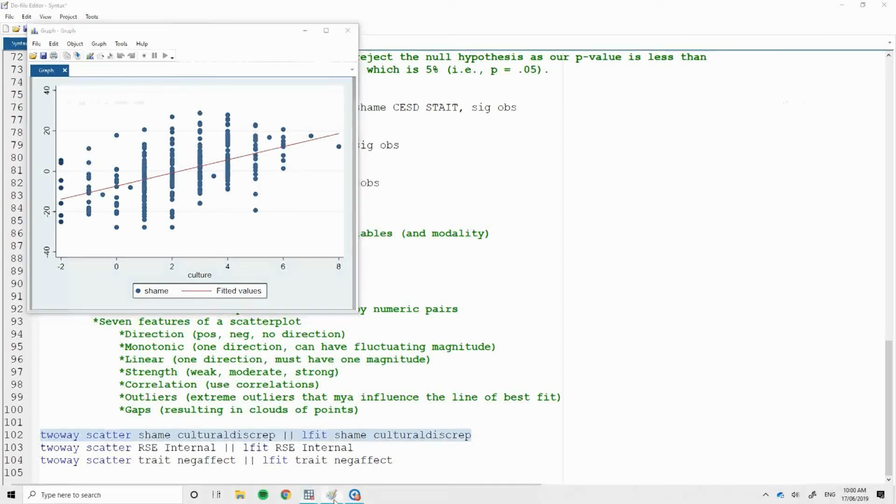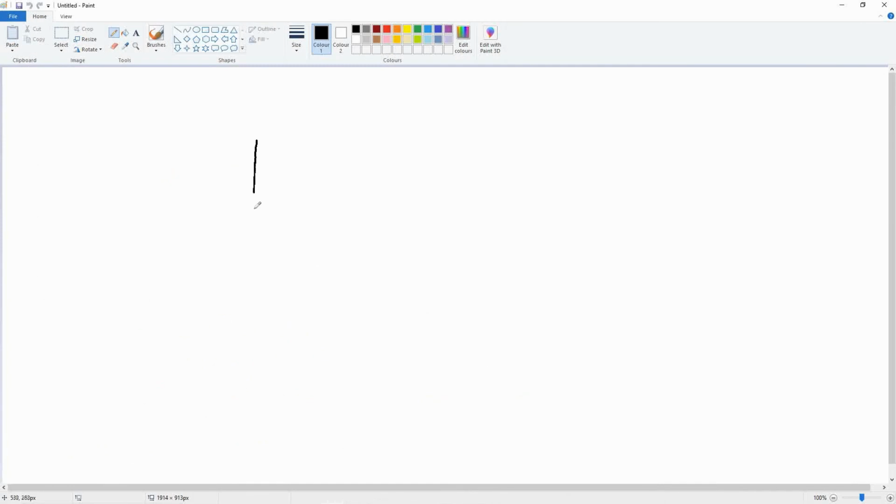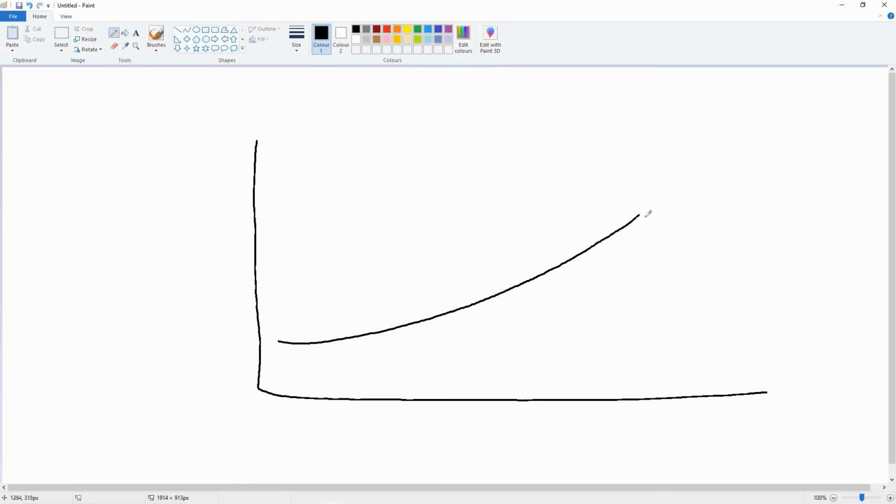On the other hand, if I had a monotonic distribution that was not linear, my line of best fit could actually be curvy. Now, lfit is a straight line, it will only fit a linear line.